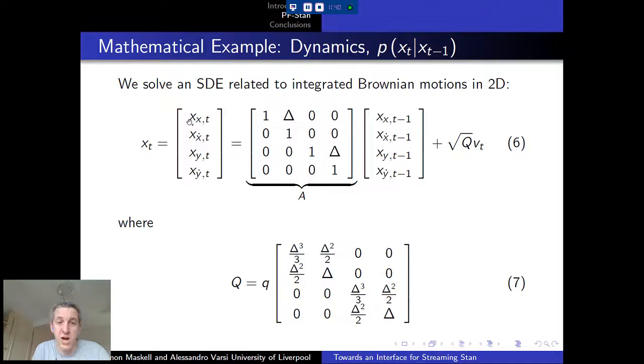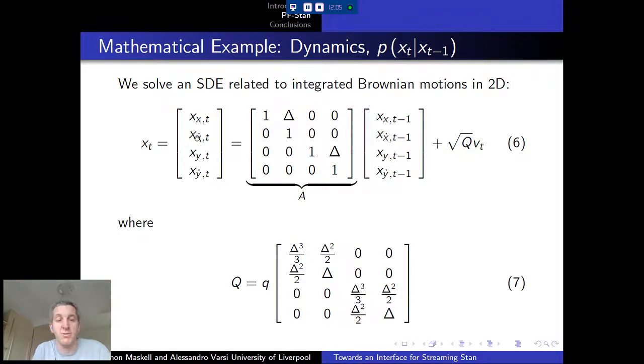And we can therefore write that, and this little vector is then the state at time t. Let's do the velocity first for x. The new velocity x dot t is equal to 1 times the old velocity x dot t minus 1 plus some noise, which we'll come to in a minute.